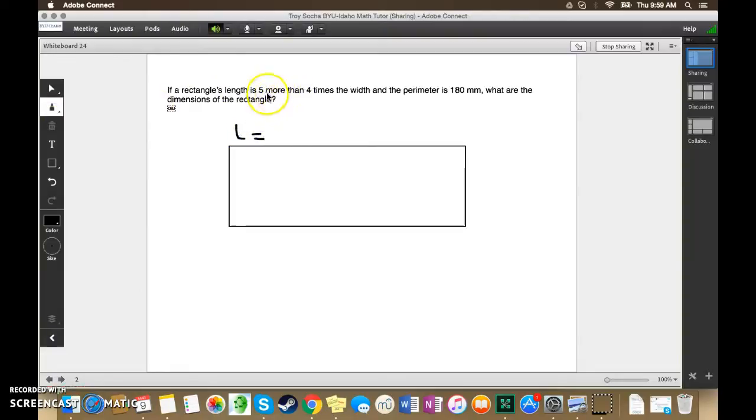5 more, so 5 plus, because more is plus, then 4 times the width, W. Oh, that's cool. Okay, so then it says that P equals 180.